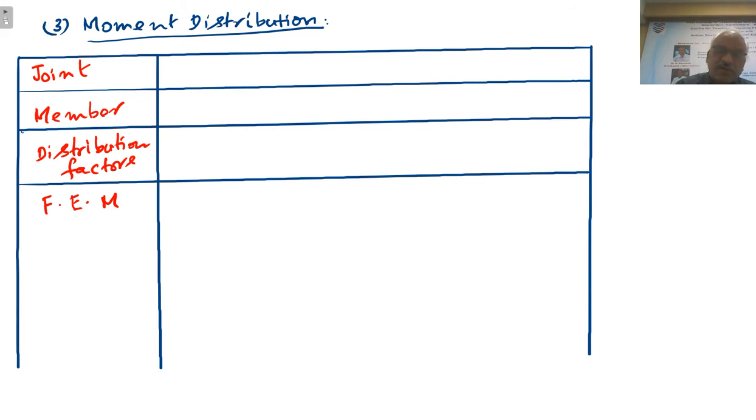Now, joints. We have got joint A. In joint A, you have got only one member, AB. Then we have got joint B. In joint B, you have got member BA, member BE, and member BC.